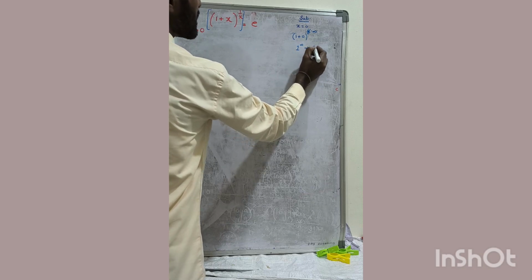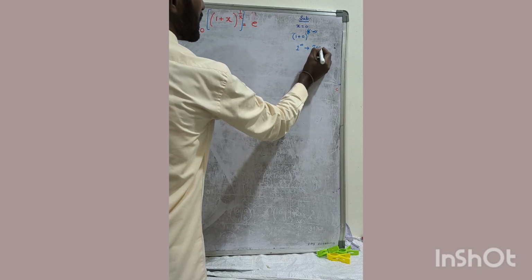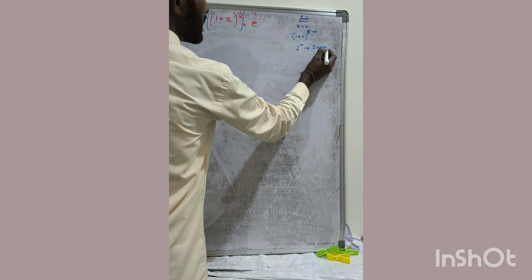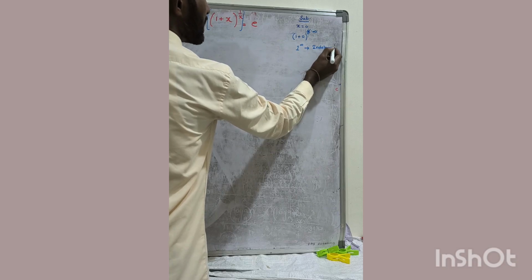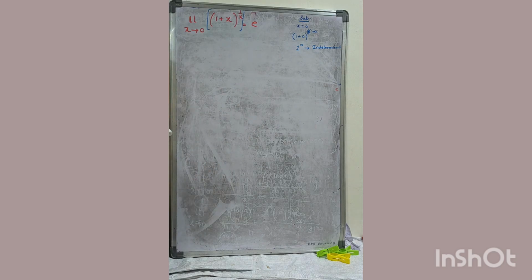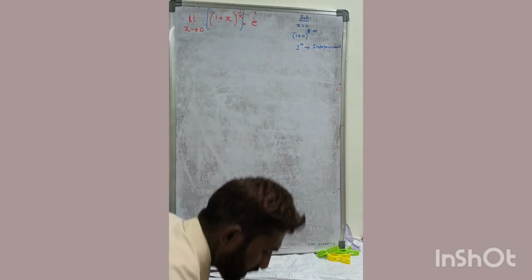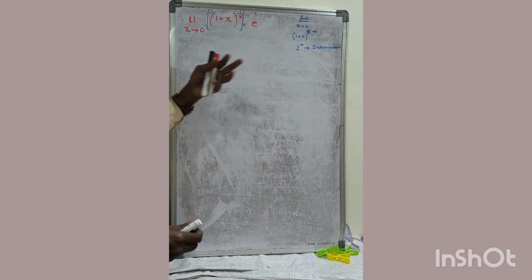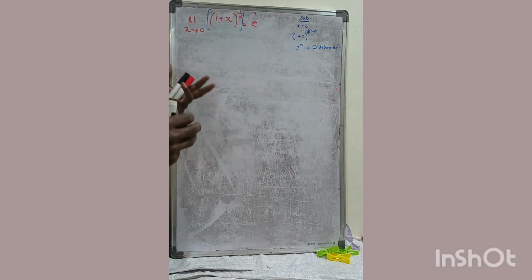This is the indeterminate form. We can't find the value of 1 power infinity. So as it is giving an indeterminate form, the substitution method has failed.